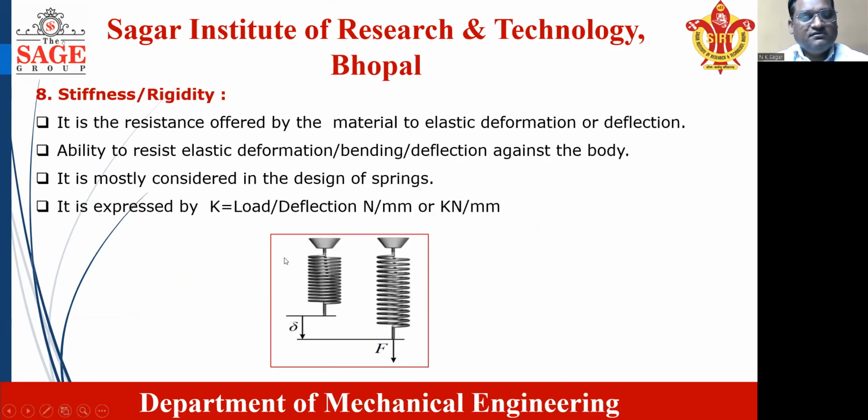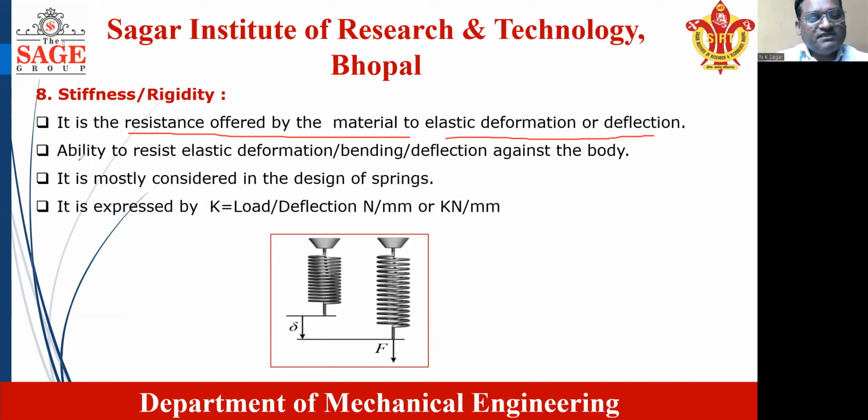After resilience, the next property is stiffness. Stiffness is also known as rigidity. This is the property of the material that shows the resistance offered by the material to elastic deformation or deflection.